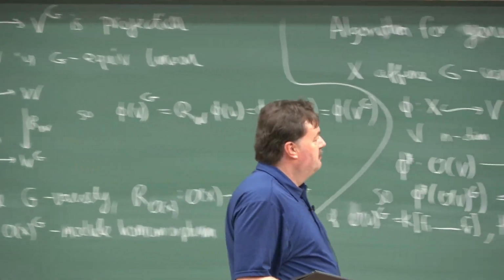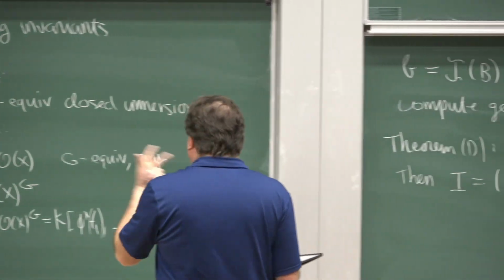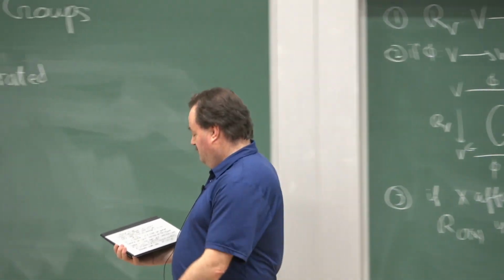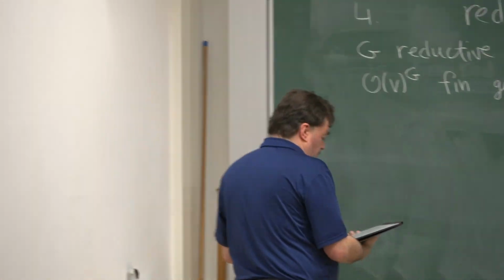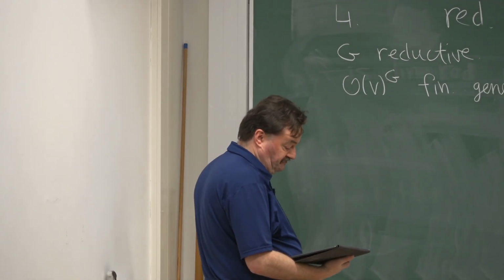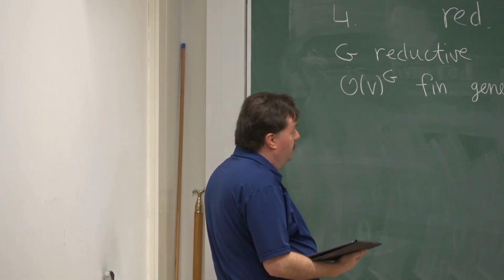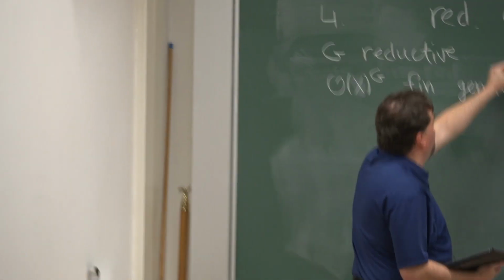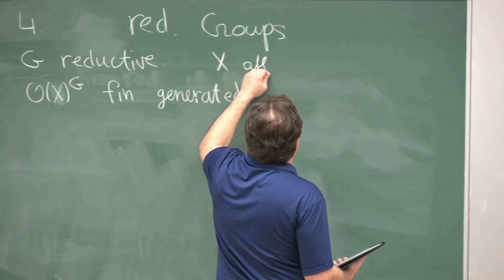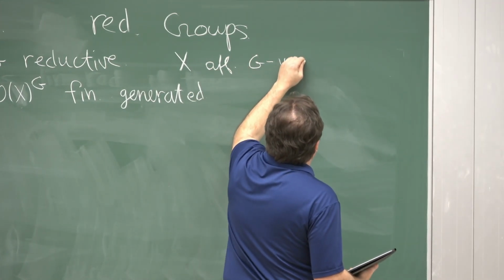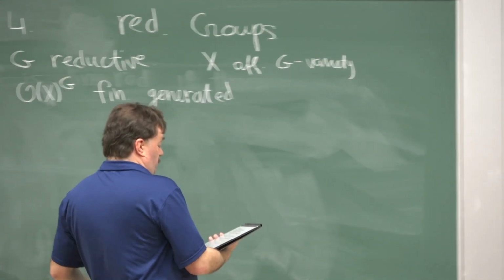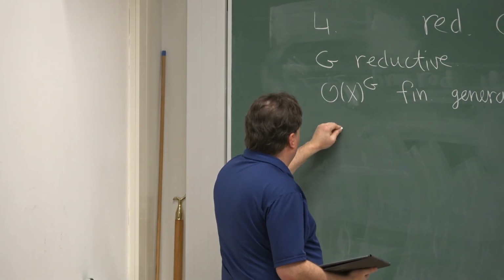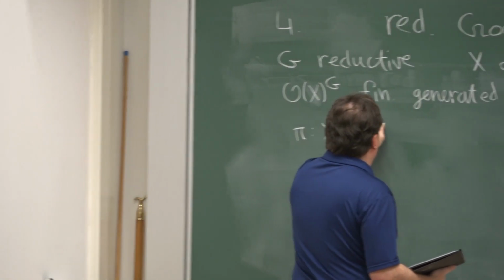And well, you also need the notion that reductive is the same as geometrically reductive, which is due to Haboush, at least one direction, the hard direction. Or more generally, if X is any affine G-variety, then the invariant ring is finitely generated. And so we have this sort of categorical quotient.